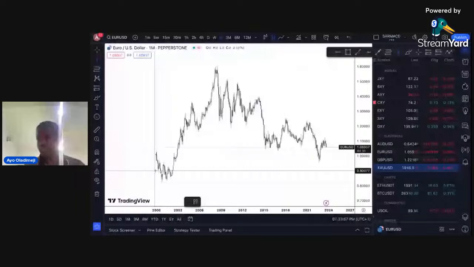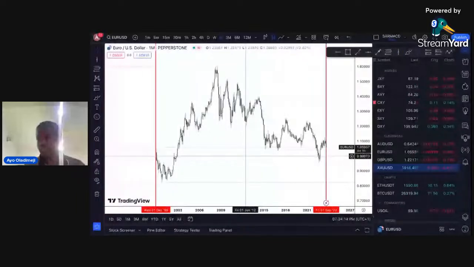We are looking at what happened to USD between December 1999 and 2023, within that period.